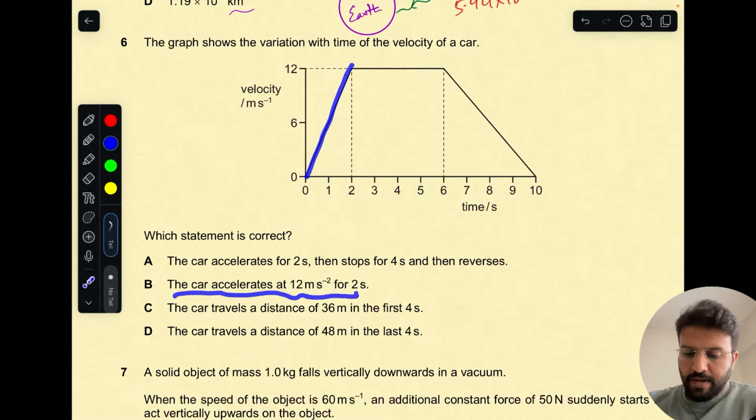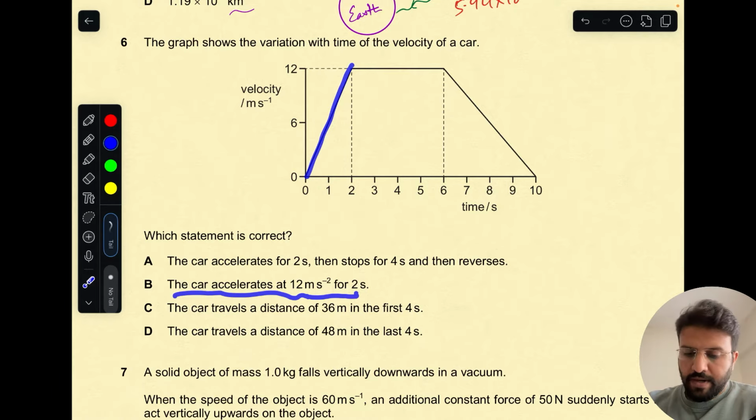In the next question, a solid object of mass 1 kg falls vertically downward in a vacuum. So it's moving in vacuum, its acceleration will be equals to g. Mass is given. When the speed of the object is this, an additional force of 50 newtons suddenly starts to act vertically upward.